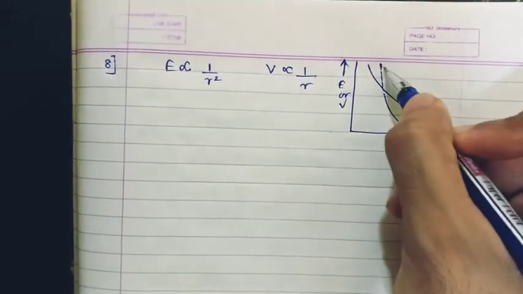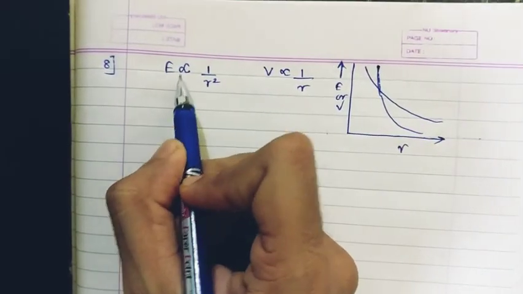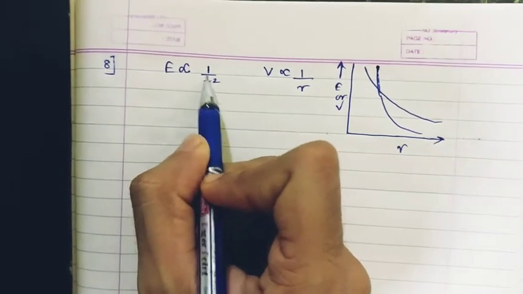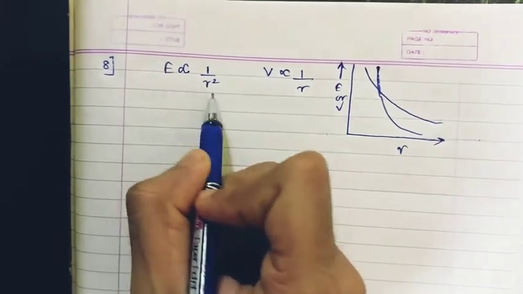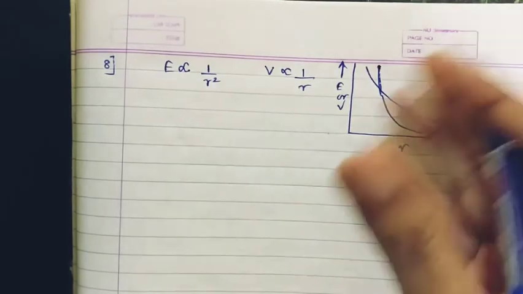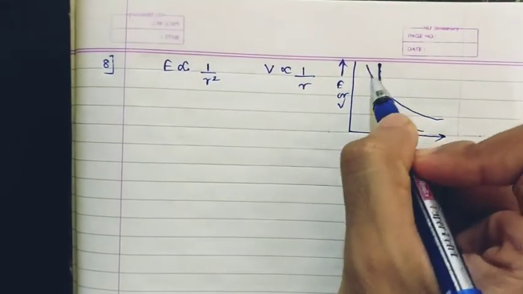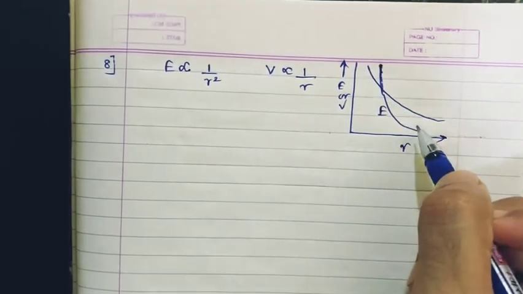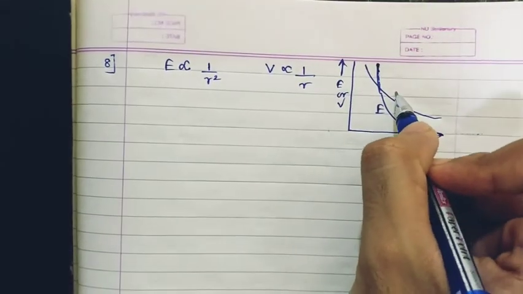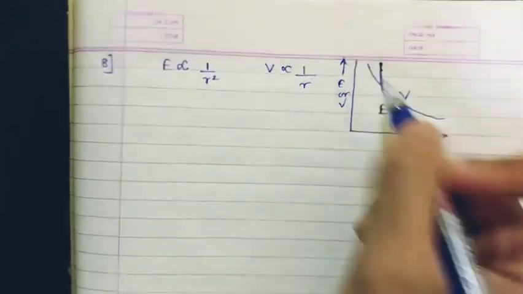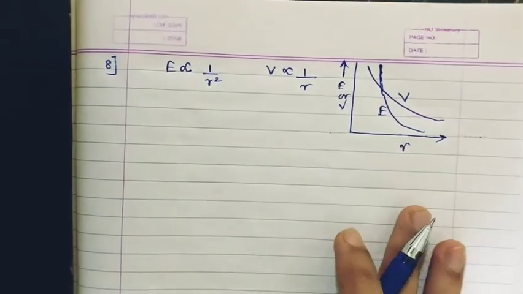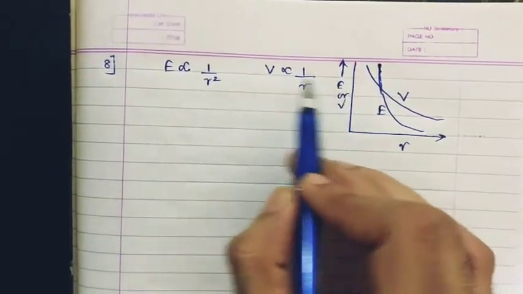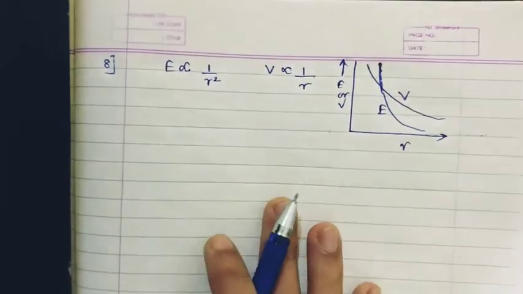The electric field changes rapidly with R because it is R square, almost squaring every time. So the curve for electric field will be steeper, and the curve for the electric potential will be comparatively less steep. This is the difference between electric field and electric potential.